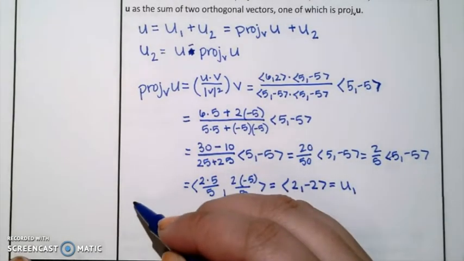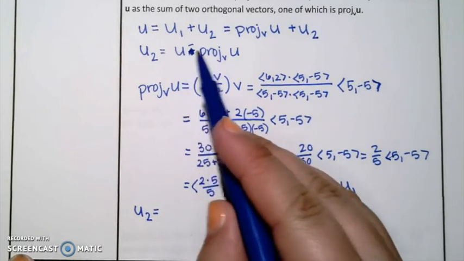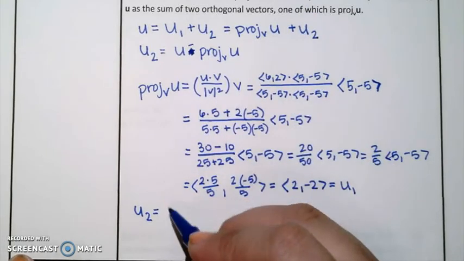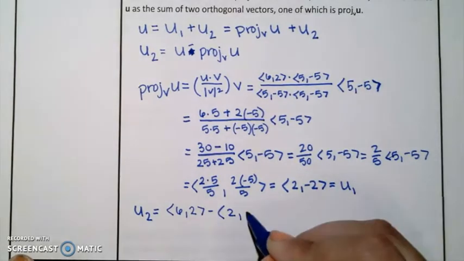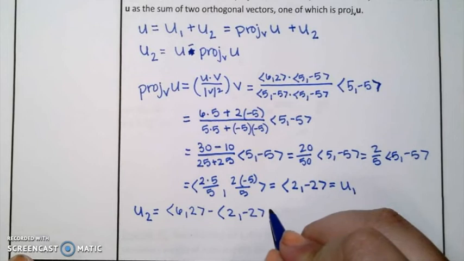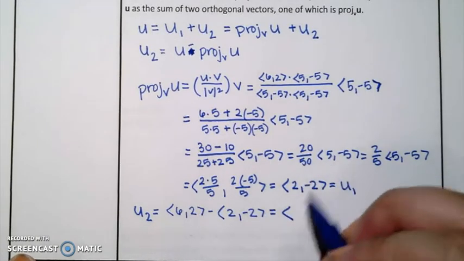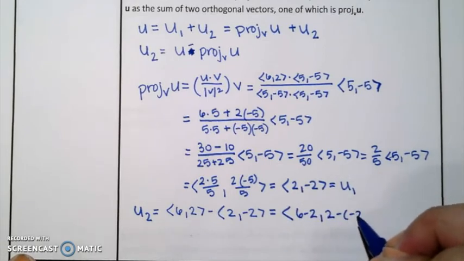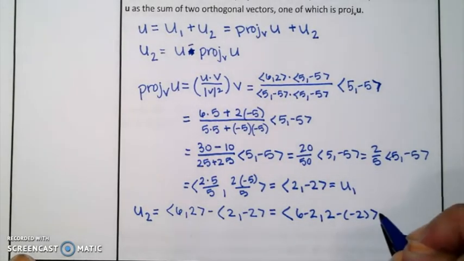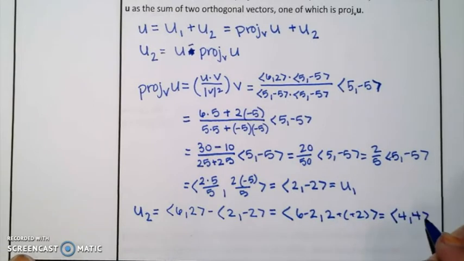So in order to calculate u2, which equals u minus our projection, we start with 6, 2 minus 2, negative 2. When we subtract two vectors, we subtract their components. So 6 minus 2, comma, 2 minus negative 2, which equals 4, 4.